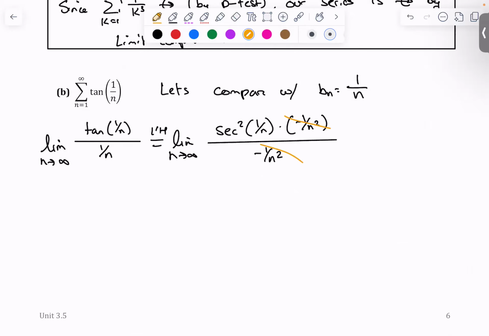These cancel. So this equals the limit as n approaches positive infinity of secant squared of 1 over n, which will equal secant squared of 0, which is equal to 1, which is finite.